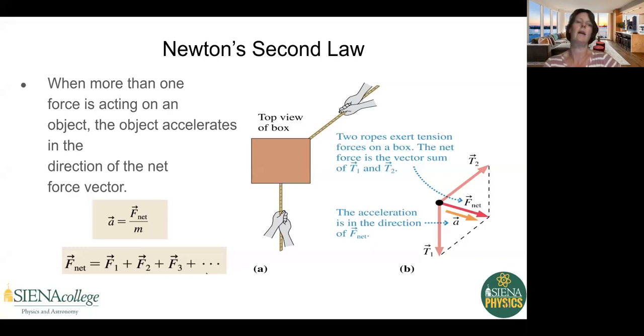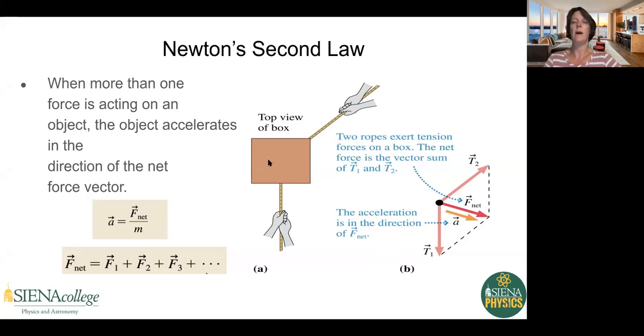If we think about the bottom rope here, we're pulling down on the box. So our box is our object, and we have a rope, and we're pulling down on this rope. So there's a force downward. And then we're also pulling on this other rope up and to the right.